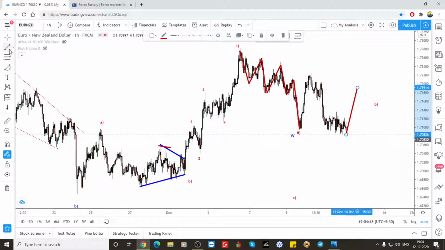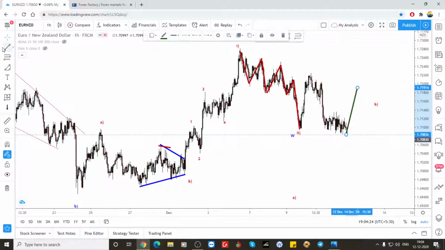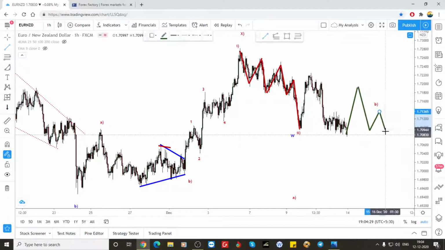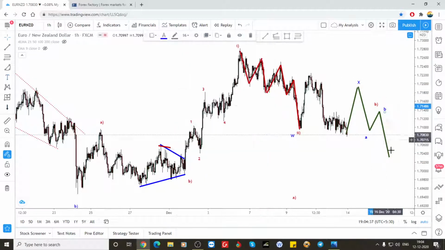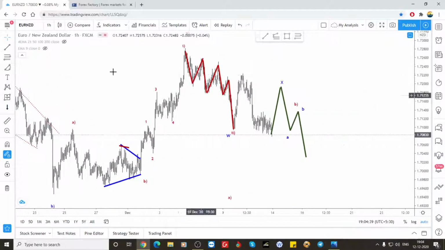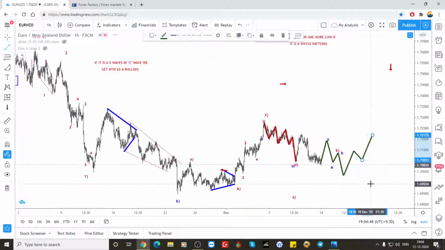For example, if it is a running flat, we need a green impulsive, and one more A, B, C. In that case, this is an X wave, this is an A wave, this is a B wave, and C. After that it is getting ready to break, or it is still a connection wave for further downside.